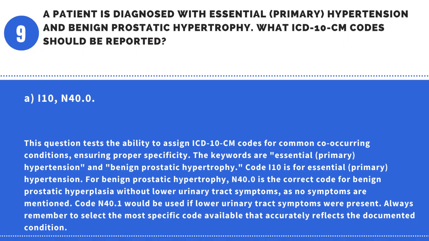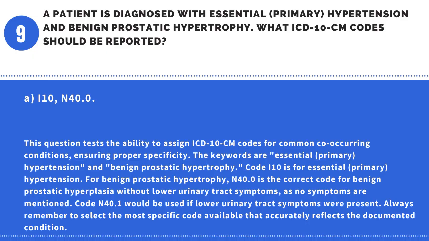Answer A. I10, N40.0. This question tests the ability to assign ICD-10-CM codes for common co-occurring conditions, ensuring proper specificity. The keywords are essential, primary, hypertension, and benign prostatic hypertrophy. Code I10 is for essential, primary, hypertension.